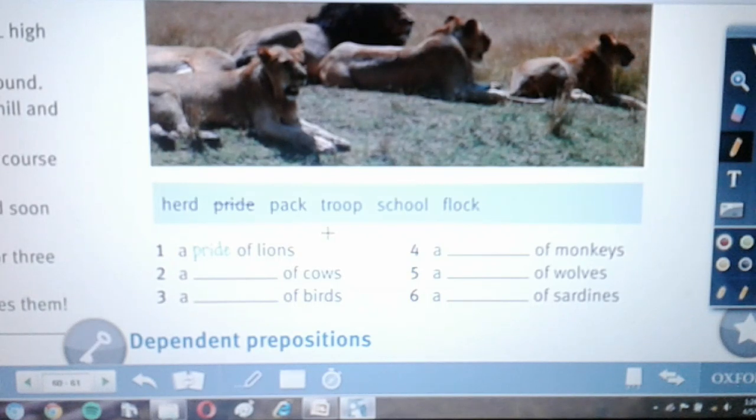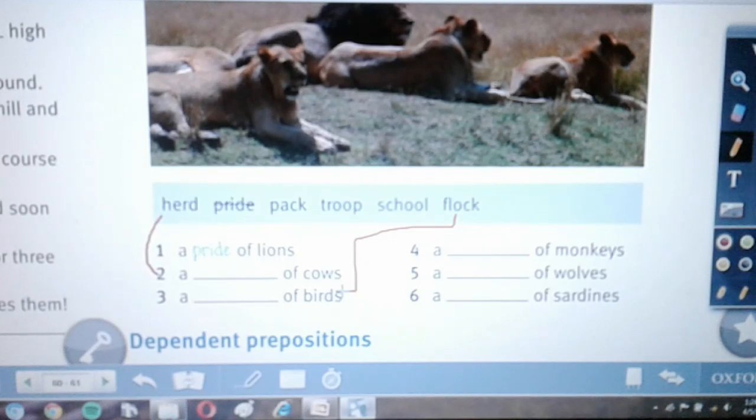Then, what's the answer for number 2? We call a group of cows as a herd of cows. Number 3. We call a group of birds as a flock of birds. Number 4.